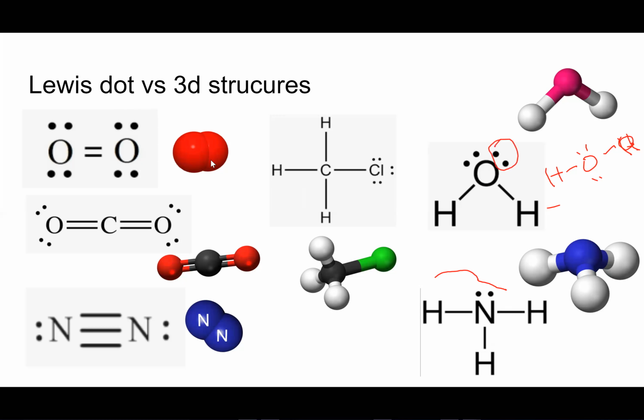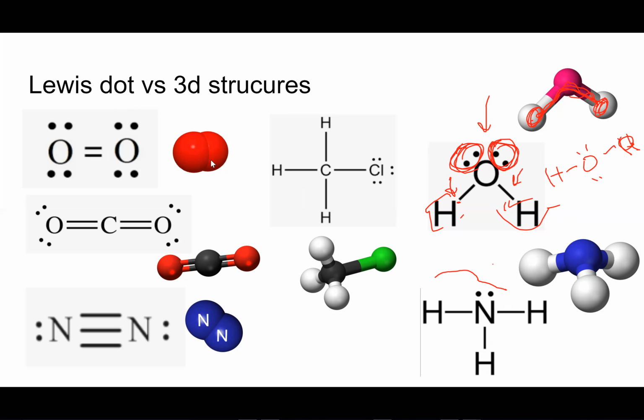But in reality, these electrons here are negatively charged and they push away the electrons surrounding the hydrogens, making the atoms bend. So the molecule looks like this, and you wouldn't know the reason why it has this weird bent shape unless you knew the Lewis dot structure, because it's these lone pair electrons, as they're called, that are forcing the hydrogen atoms to bend down.